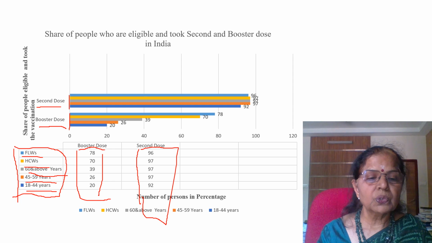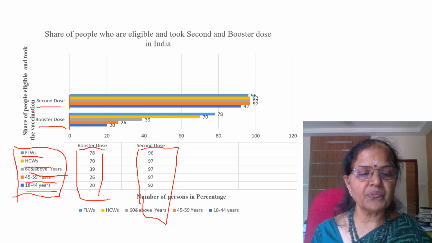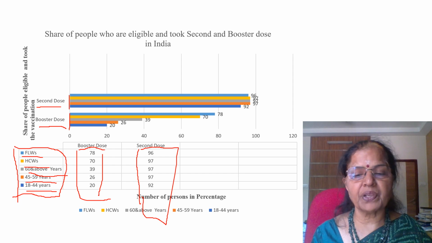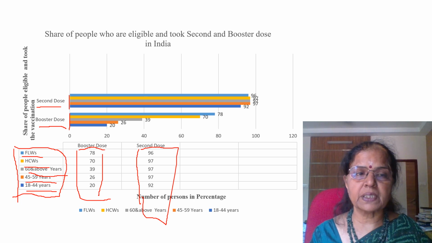Blue FLW frontline workers, the yellow bar healthcare workers, this gray bar 60 and above years old, the orange bar 45 to 59 years old people, and blue the 18 to 44 years young people. Now we'll pass on to the questions.